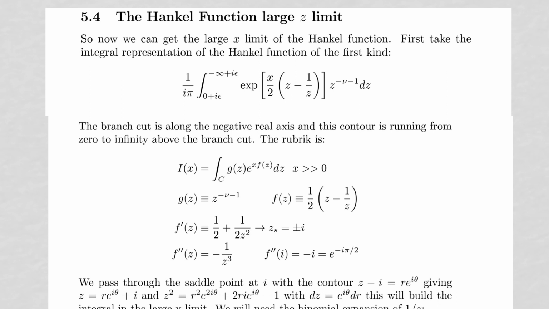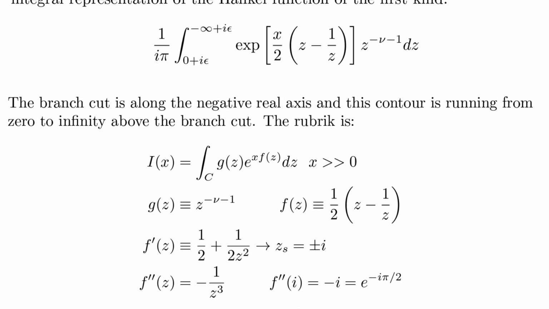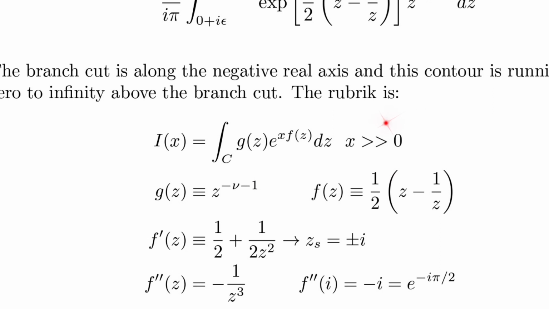It has a very specific form, namely this form right here. This is the form that we need to execute the method of steepest descent: an integral in the complex plane, with a complex variable, of an analytic function times e to the x times another analytic function of z in the argument of the exponential.